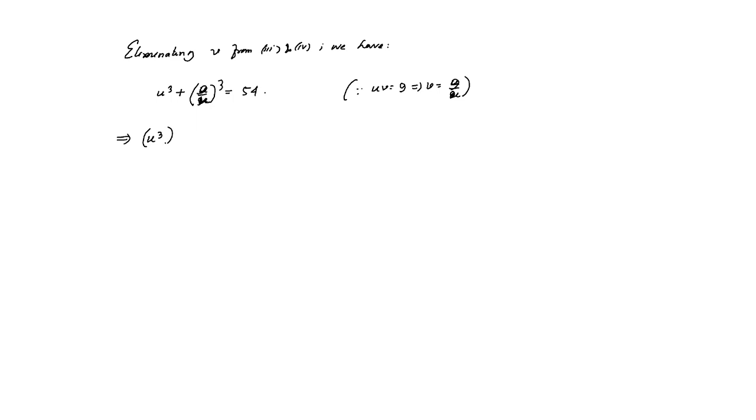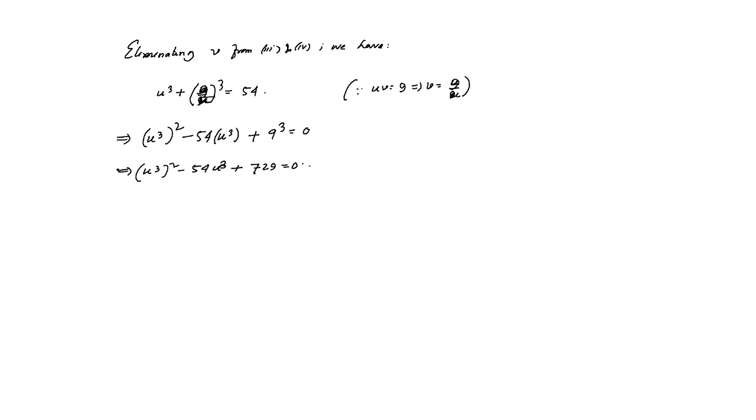Okay, so (u cube) whole square minus 54 u cube plus 9 cube equals 0. That means it is (u cube) whole square minus 54 u cube plus 729 equals 0.